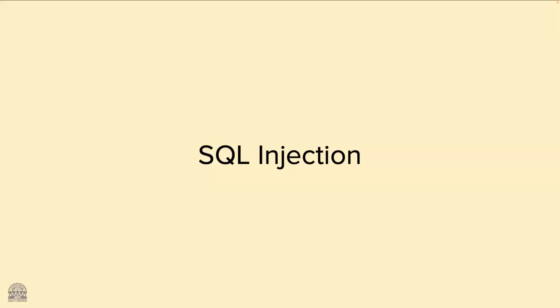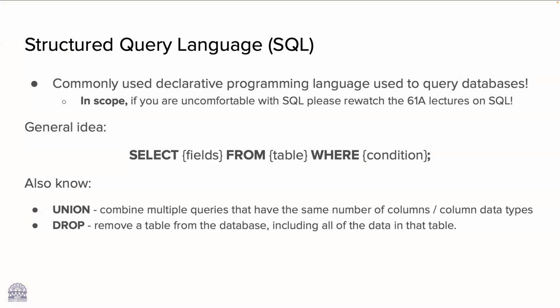Okay, SQL injection. Similar to what we were talking about earlier, SQL injection is an abuse of the execution engine's inability to distinguish between instructions and data. SQL is a query language, called structured query language, which is used to query databases. It's a sort of standardized way of querying databases.